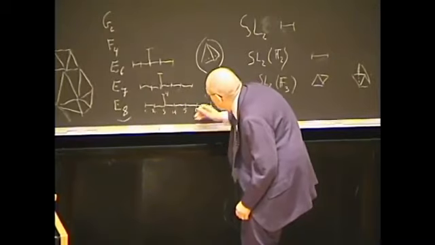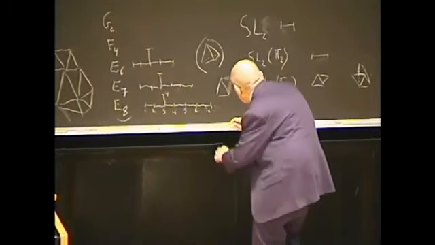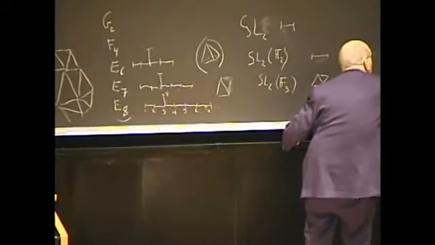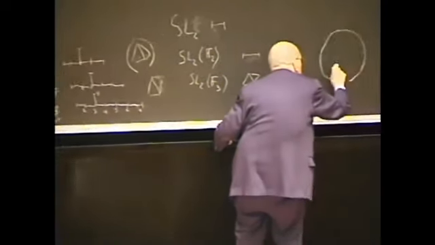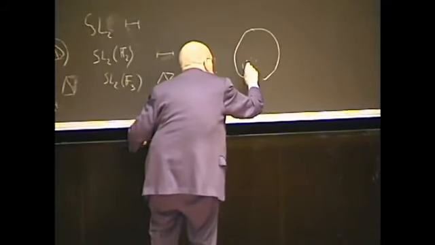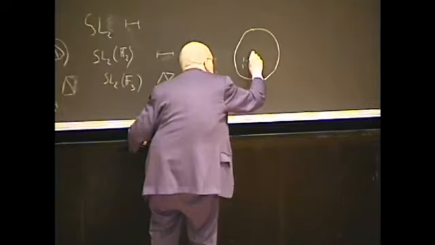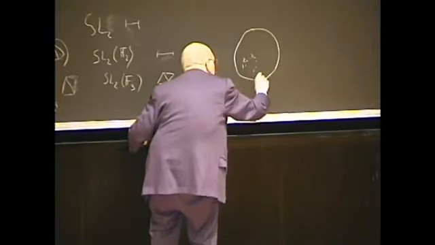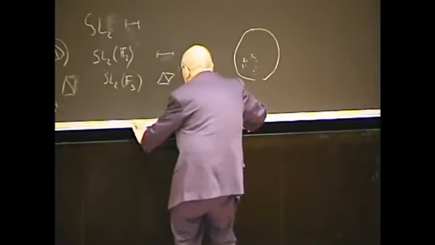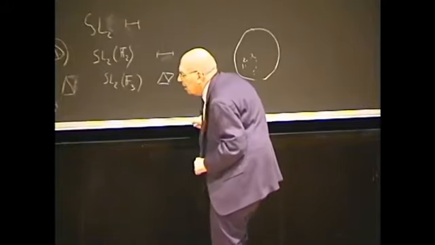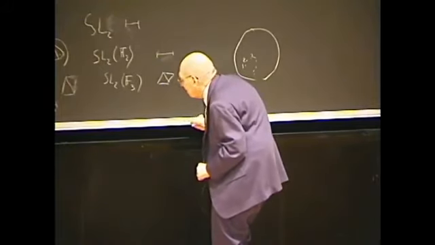And if I take a building of type E8, it's a big object which has several vertices, some of type 1, some of type 2, some of type 3, and so on. And then the rule to construct the building is this.